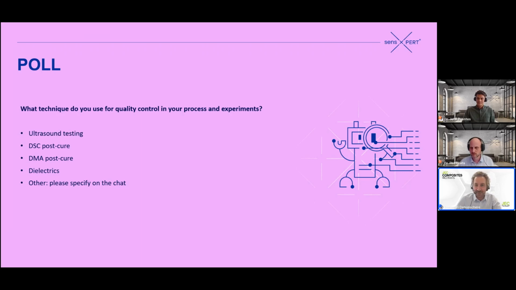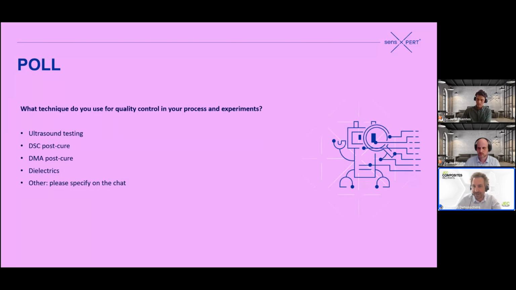So it's time to answer. For the moment, it's more ultrasound testing at 35%, and then equal DSC post-cure and DMA post-cure with a bit more than 20%, dielectrics at 11%, and others at 5%.